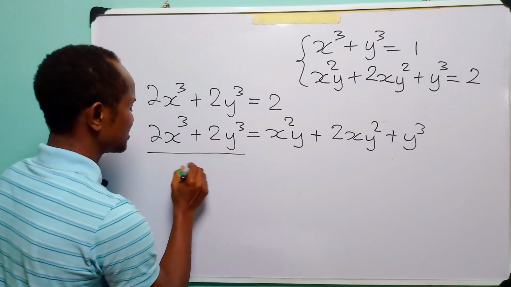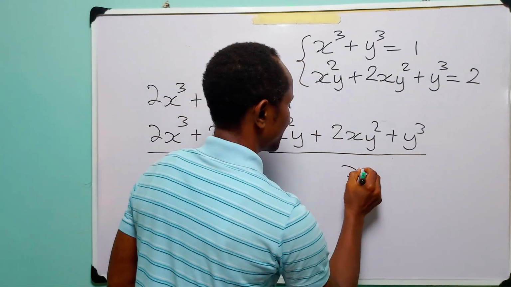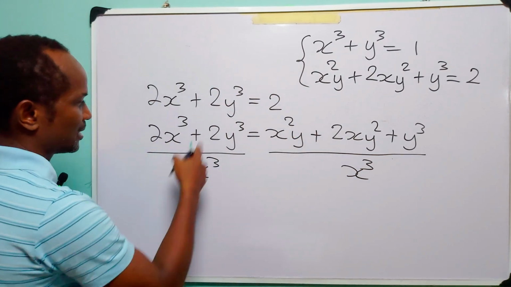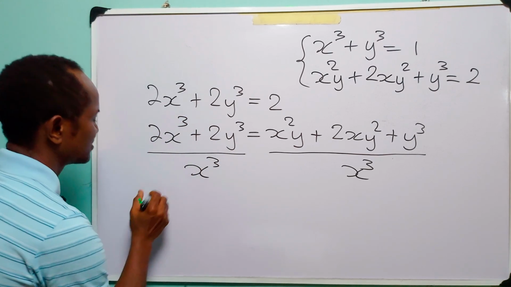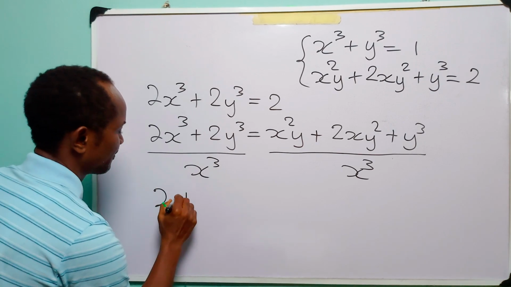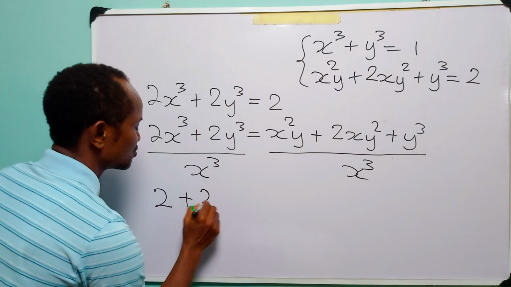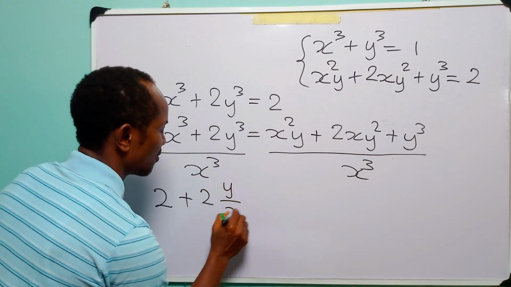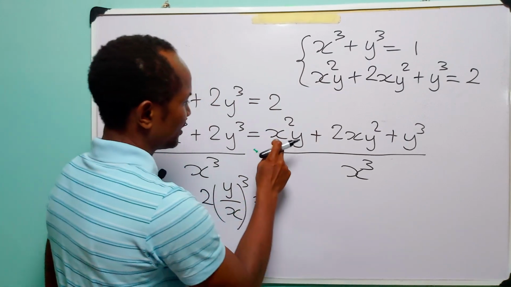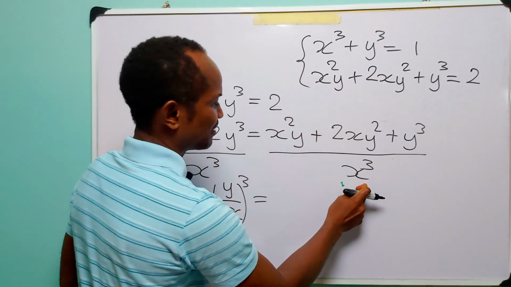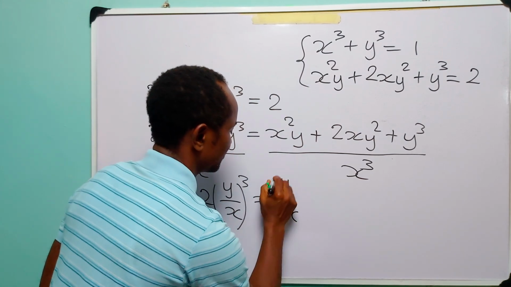So here we have this over x cubed, and here we have this divided by x cubed. Now simplifying this, 2x cubed divided by x cubed is going to be equal to 2. 2y cubed divided by x cubed is going to give us 2 times y over x cubed. Here, x squared y divided by x cubed is going to give us y over x.